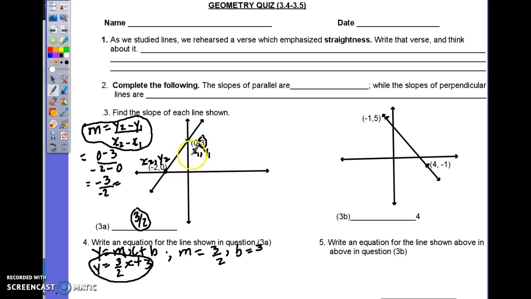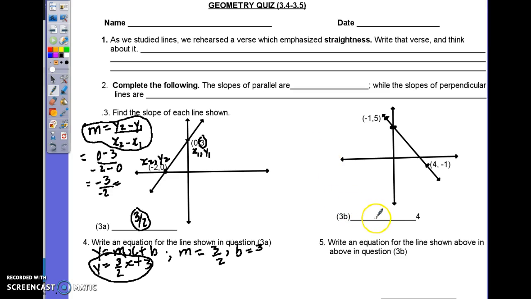They're not always this way. In fact, this one is not this way because we do not know this point. If we knew that this point was (0, 4), then we'd say, okay, the b is 4 in this case. But the point we're given is this one, which is (-1, 5), and we're given (4, -1). So watch carefully as we work this one through.